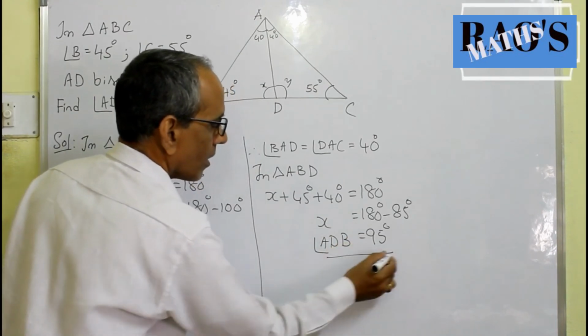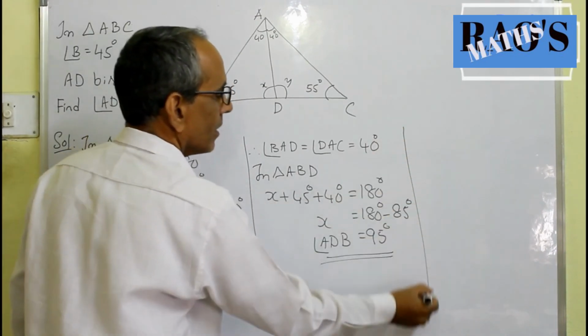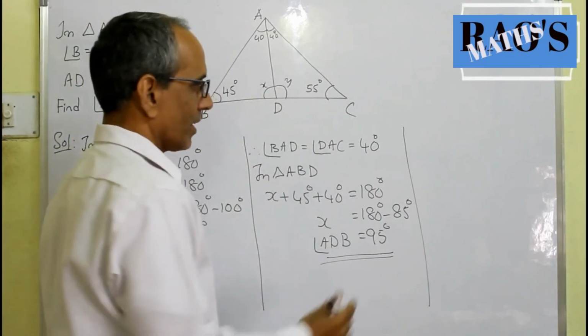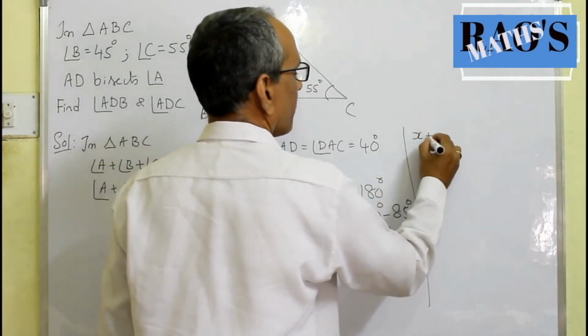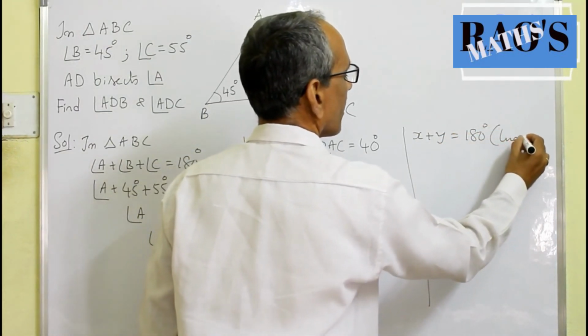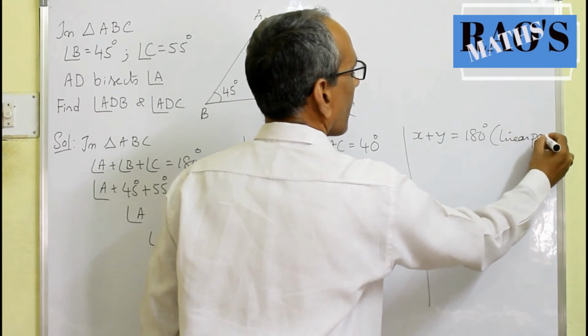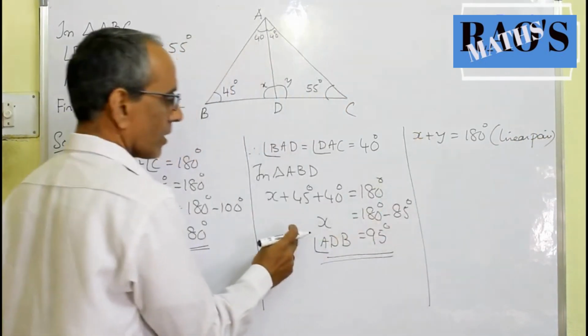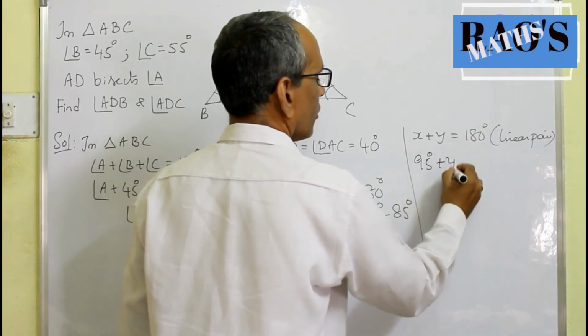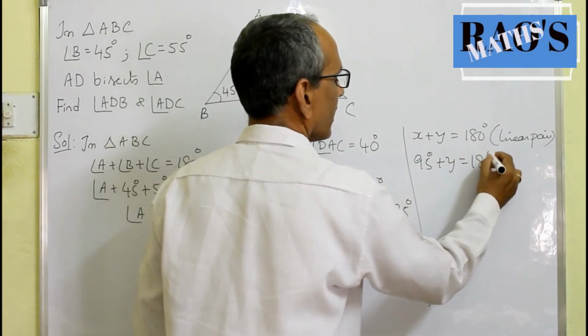One other question answered. Next, if I take x plus y together, it is a linear pair. X plus y is 180 because linear pair. X we got 95 plus y to be solved is 180.